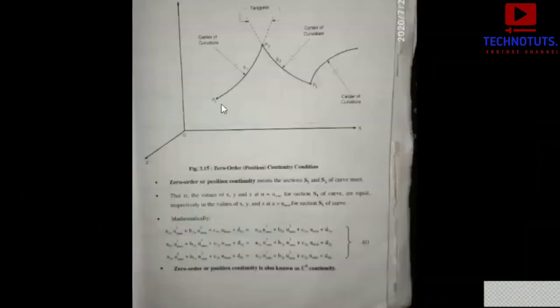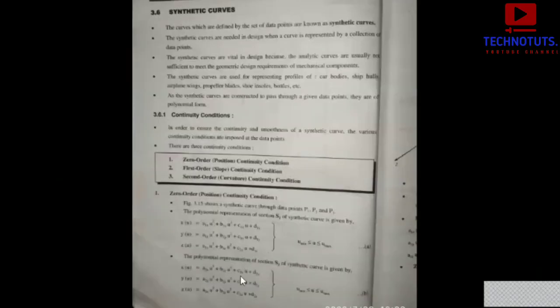This is section S1 between points P1 and P2, and this is section S2 between points P2 and P3. So this equation is for section S1. Now we will see the equations for section S2.